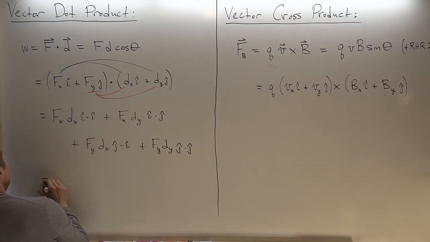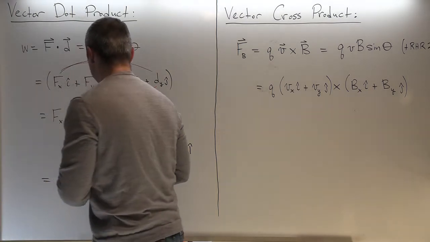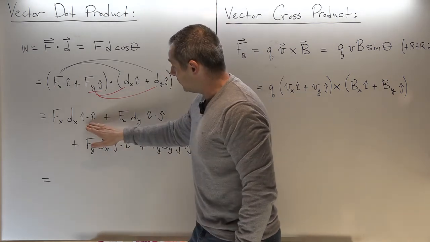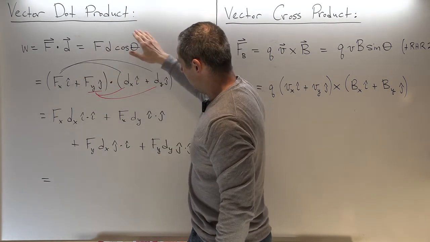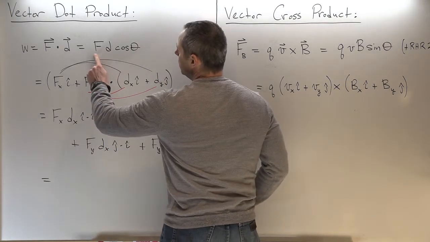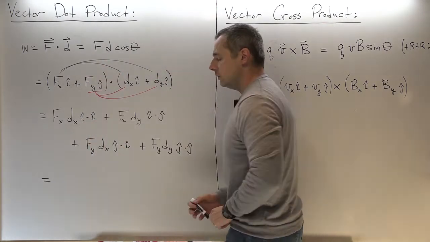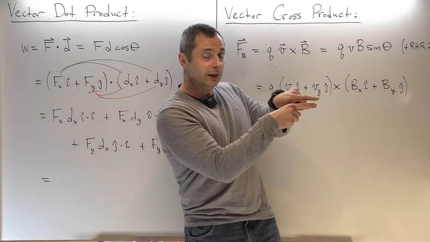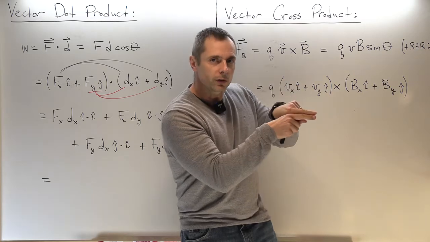Now, what do these dot products mean? This i hat dot i hat, I could determine using this other definition of a dot product. As I said, these have length 1 times the cosine of the angle between a vector in the x direction and the vector in the x direction, 0 degrees.